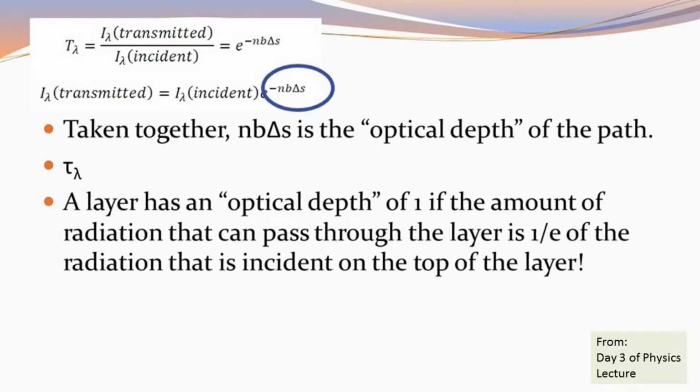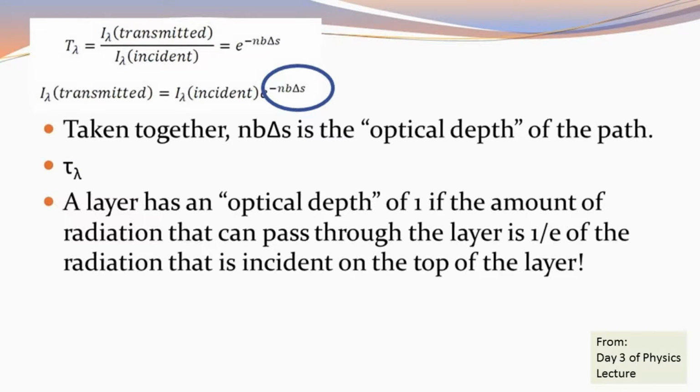Remember, we decided to describe optical depth, which is a monochromatic property, as the extent to which the atmosphere resists the flow of this radiation at this wavelength. If the optical depth was 0, the atmosphere is not resisting any of that radiation. It all just transmits through. The layer is transparent.